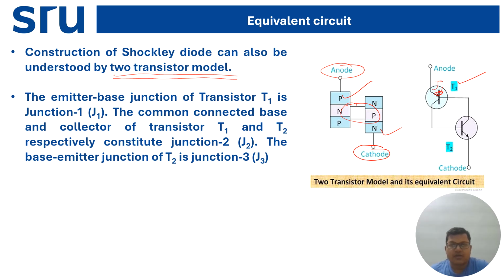The commonly connected base and collector of T1 and T2, this junction and this junction, collectively make J2, and this junction is J3. This is how the two transistor model and its equivalent circuit work, and we can easily understand the functioning of this PNPN diode.